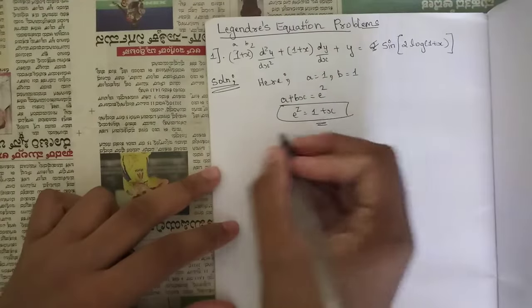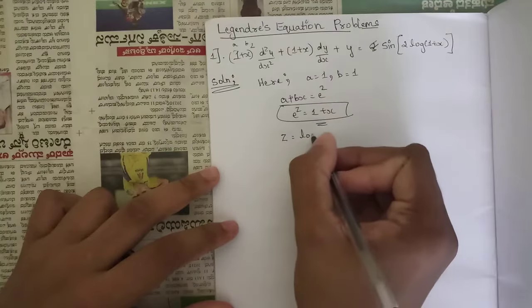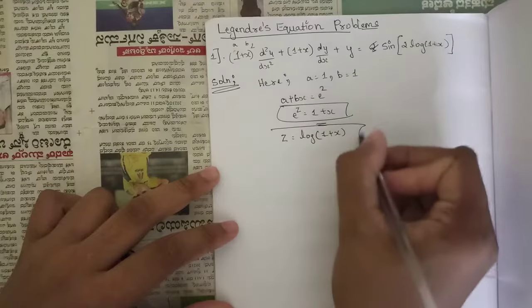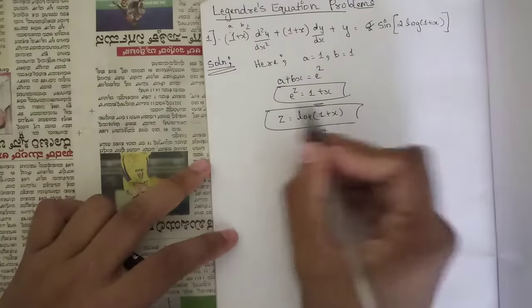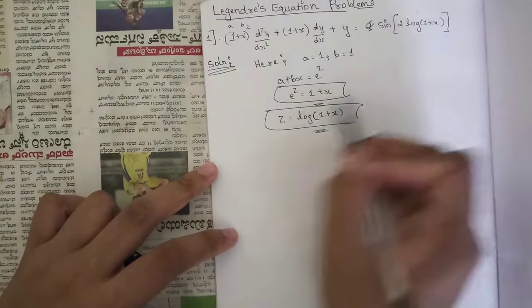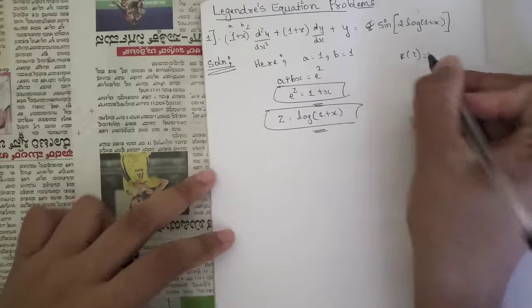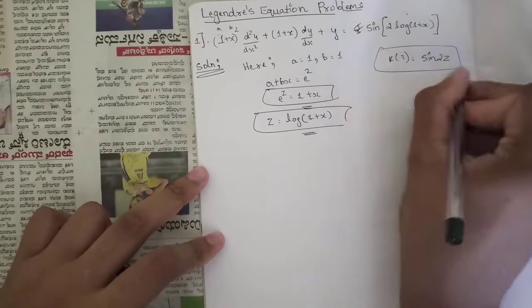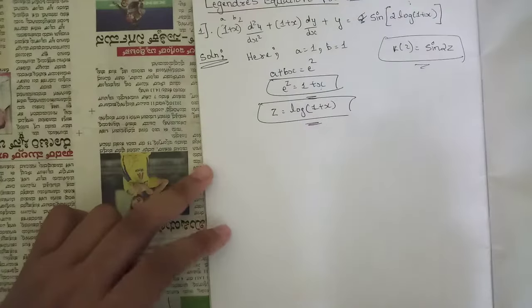Also we substitute z equal to log of a plus bx, so log of 1 plus x. If we substitute log of 1 plus x as z in place of r of x, in case of r of z we get sine 2z. R of z would be equal to sine 2z if we substitute z equal to log 1 plus x.